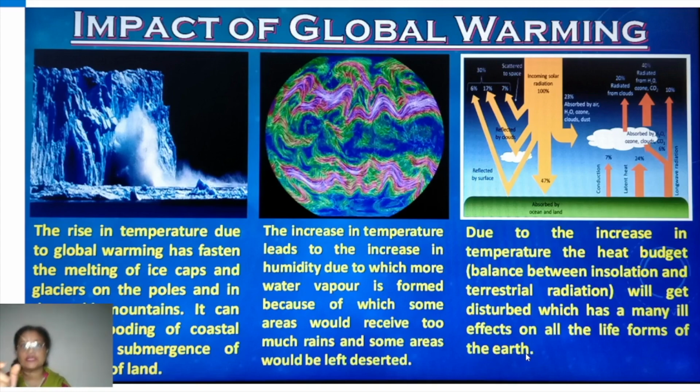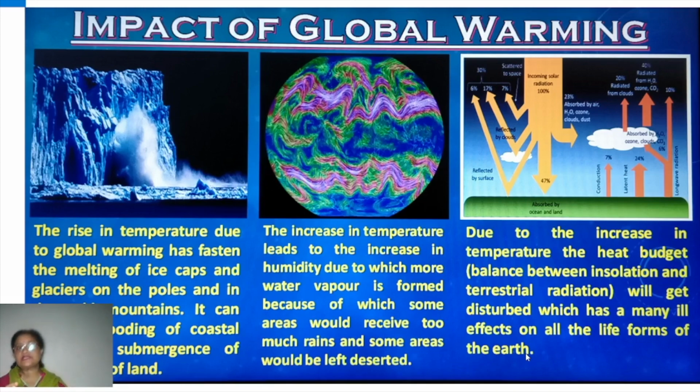That which reaches the earth's surface is called insolation. This is the heat which the earth receives. And again, at night time, the earth gives back the heat to the atmosphere. It releases heat back. That is called terrestrial radiation.